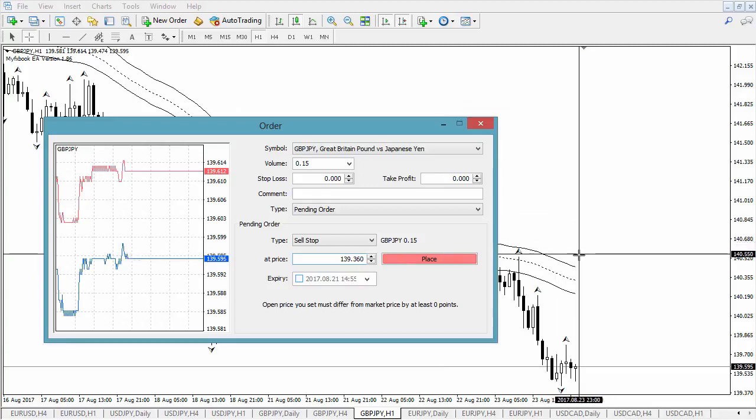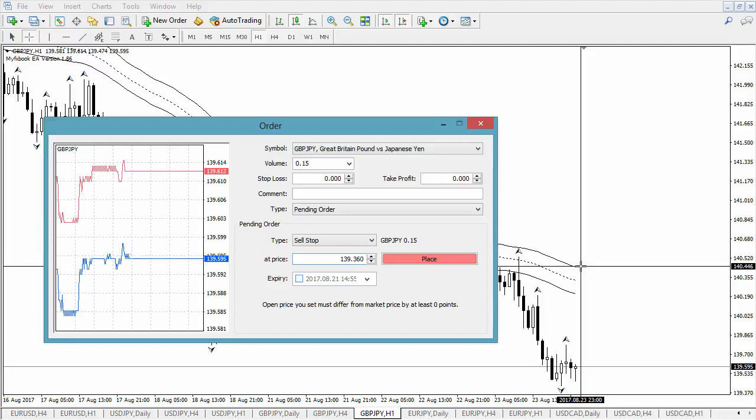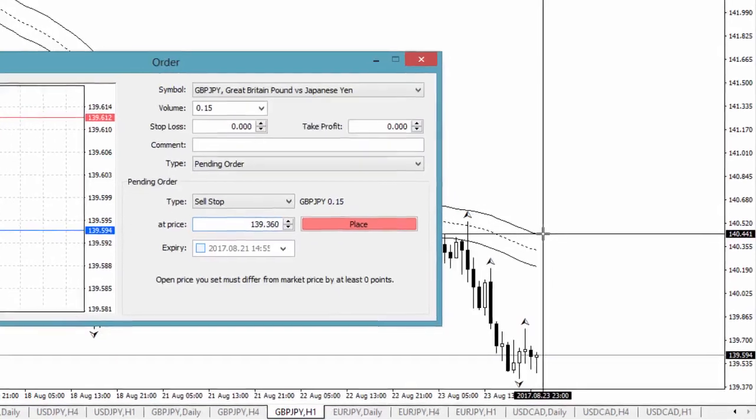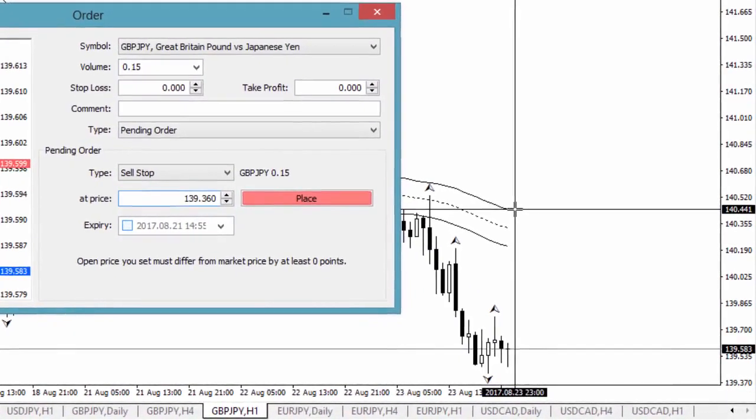Having done this, the next step in the process is to identify an initial stop loss level for the sell stop pending order which I'm going to be placing on the GBP-JPY currency pair. According to this trend trading strategy's rules, I'm supposed to use the exact same price level which coincides with the current location of the 60 period simple moving average, which was applied to prices high, for placing the initial stop loss orders for my bearish breakout short trading positions.